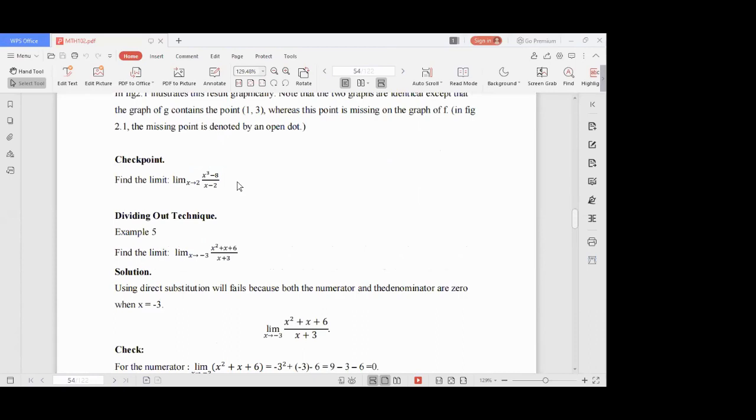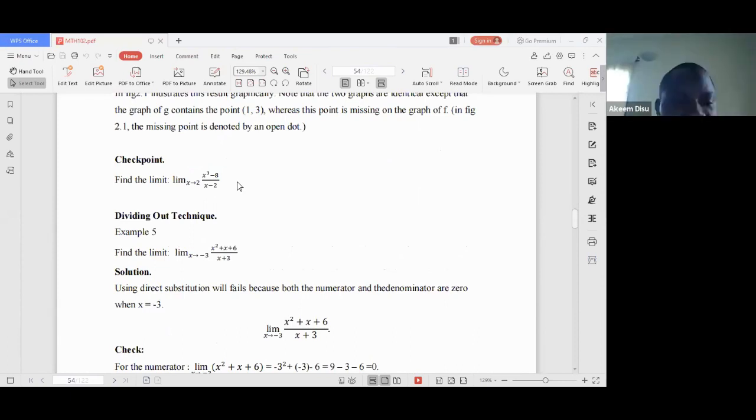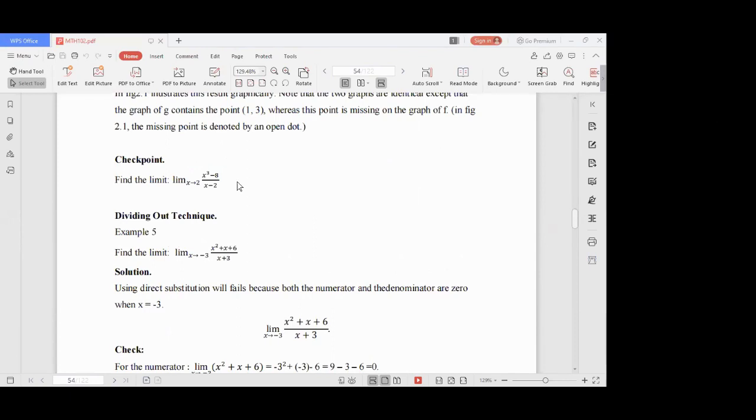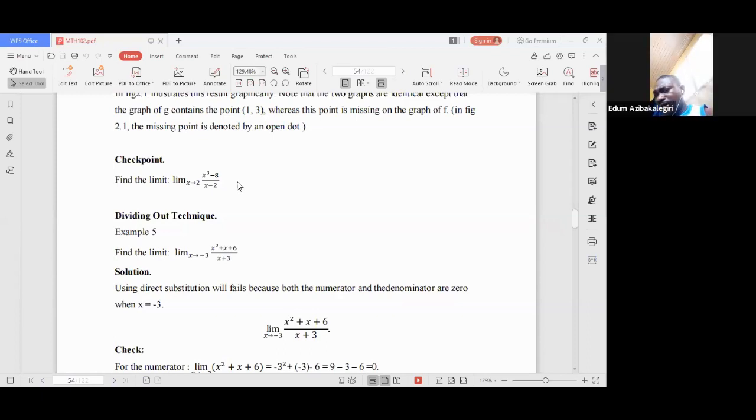Find the limit of x squared minus 8 all over 2. This is a nice example that we can do. It's very nice. Can we do that together?